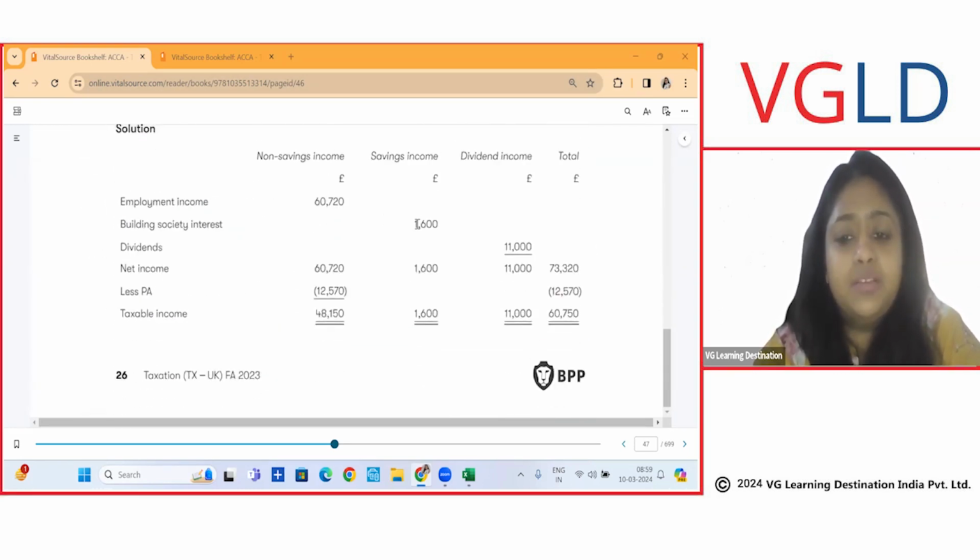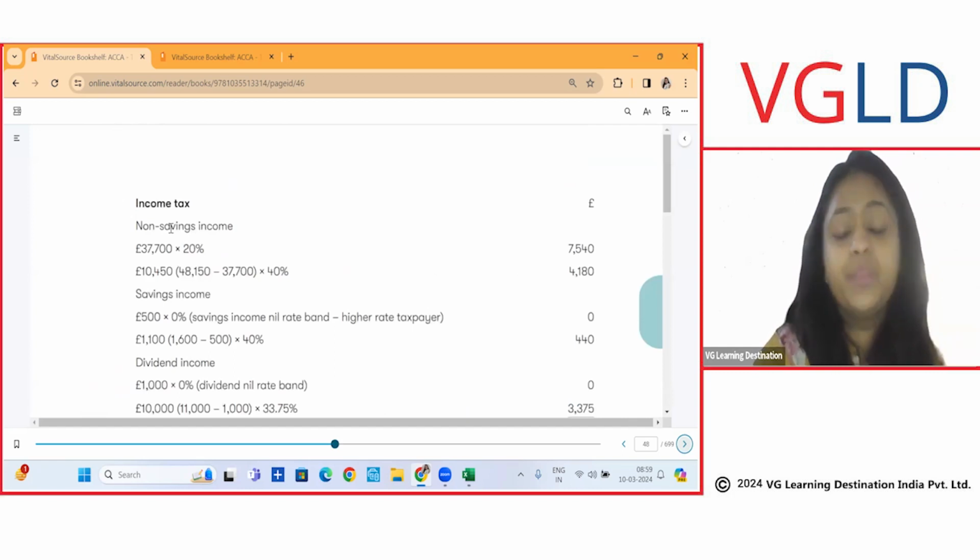This is the non-savings income, savings income, dividend income given to you. Full PA will be available as it is not beyond 1 lakh. So no question of tapering is there. Your total taxable income is 60,750, a higher rate taxpayer. Non-savings income till 37,700 at 20%, and the remaining non-savings income at 40%.